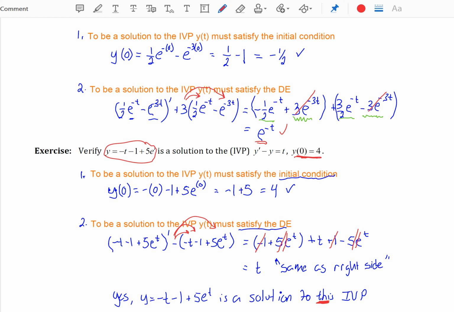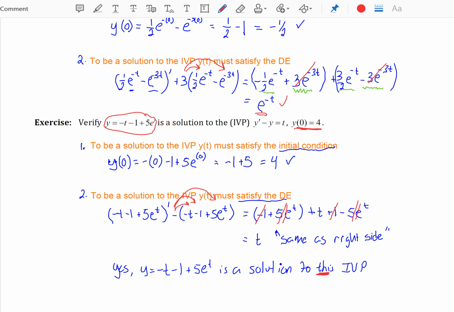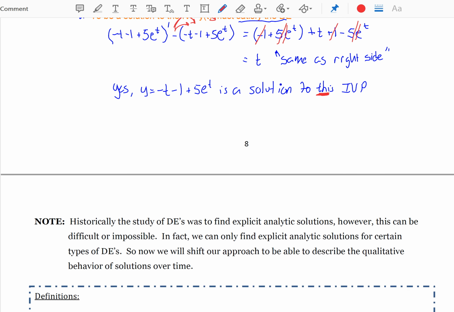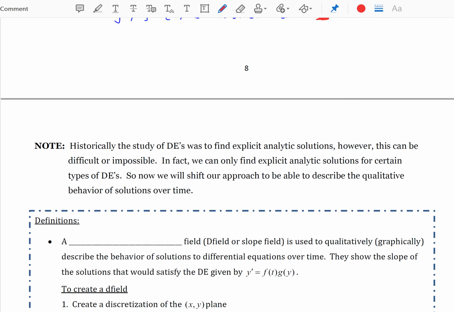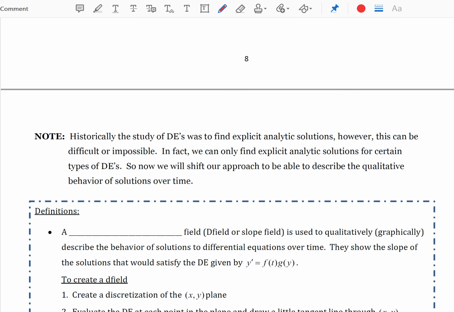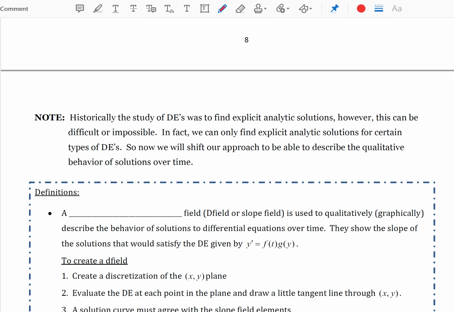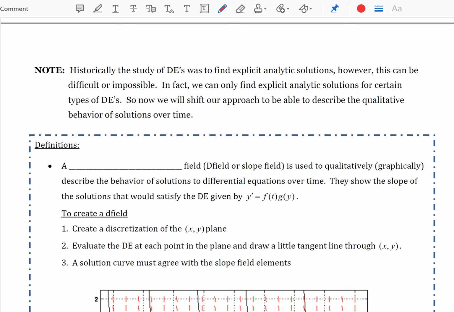Okay, let's move on to the next page and see what else we can do. Okay, the next thing we want to look at now is our qualitative analysis of differential equations. So historically, the study of differential equations was to find explicit analytic solutions.